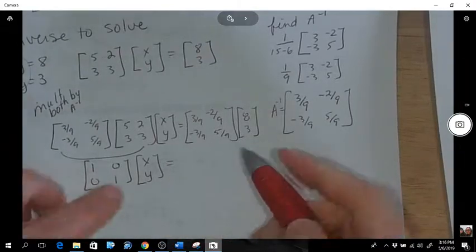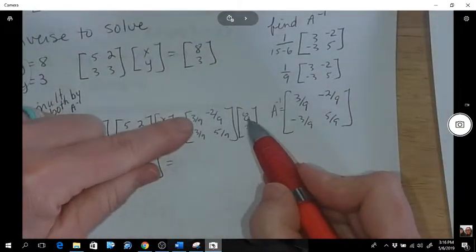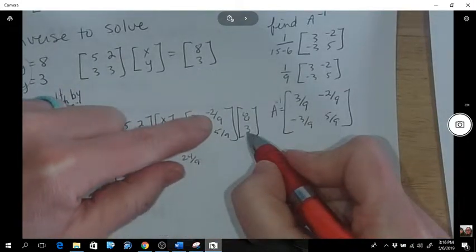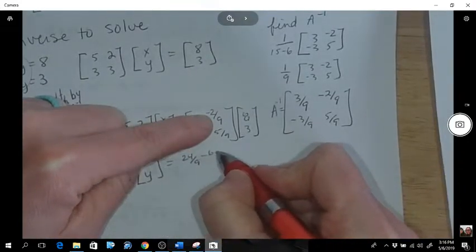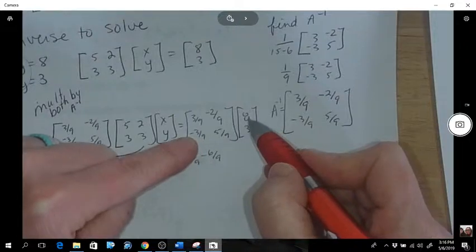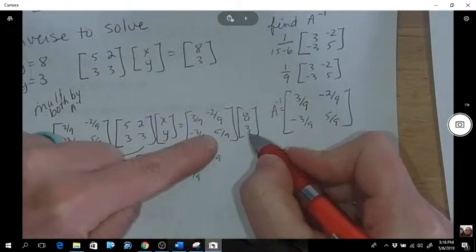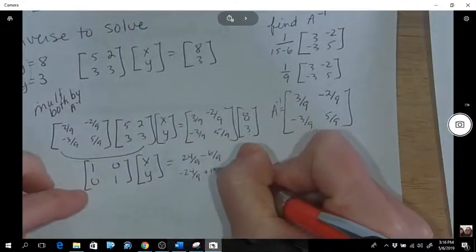Now let's do the combinations here. So 24 over 9 minus 6 over 9. Row 2 is going to be negative 24 over 9, and then plus 15 over 9.